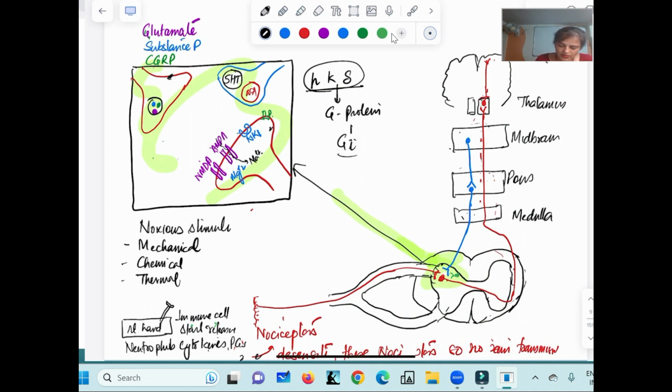Inhibitory nature. Now what will happen once you give the morphine, and where are they present? I already told they are present both pre-synaptically as well as post-synaptically. Suppose this is the pre-synaptic side, the 3 receptors are present, mu, kappa and delta. Now what happens? Morphine is going to bind with the receptor presynaptically.